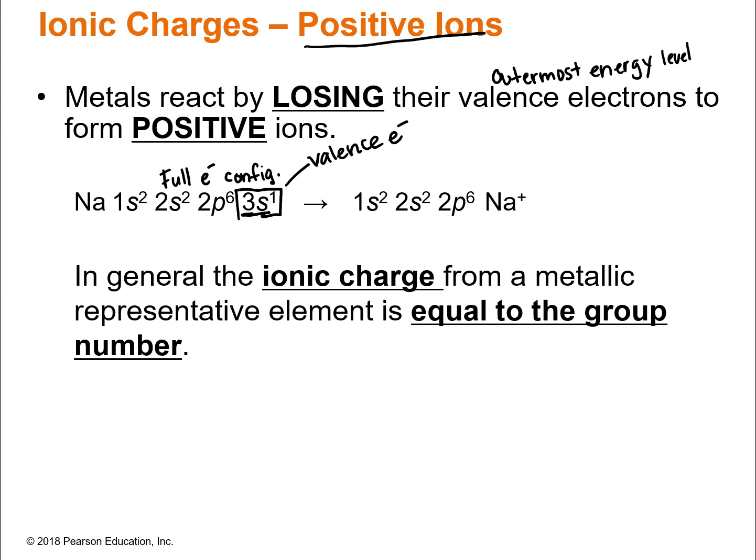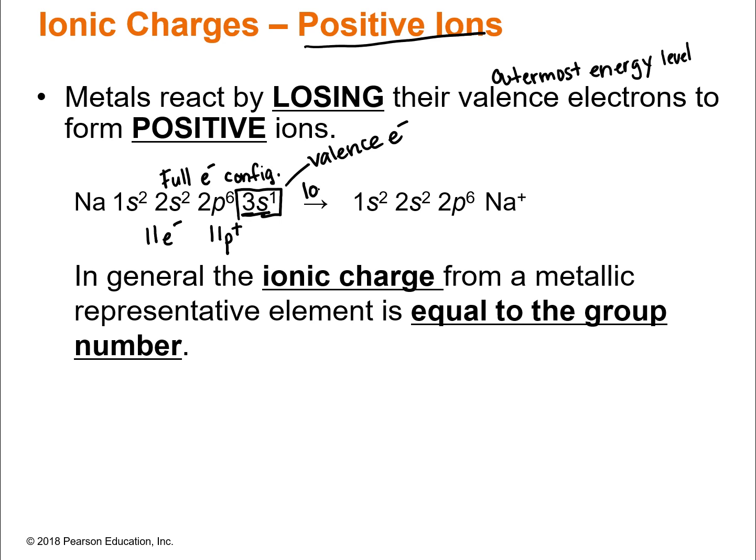When sodium participates in chemistry, it's going to lose those valence electrons. So just the neutral atom, it's got 11 electrons, and it's also got 11 protons, because remember, in a neutral atom the number of electrons is equal to the number of protons.